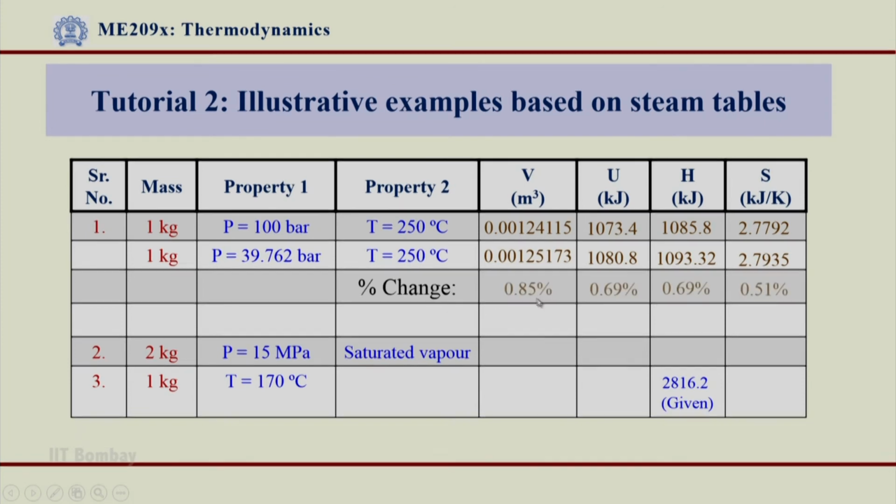If I see the percentage change, you can see that the percentage change is very small, 0.85, 0.69, 0.69 and 0.51. This is a very small percentage change which has been evaluated. This has been evaluated at the approximate condition that we have evaluated the properties at saturation condition, isn't it?